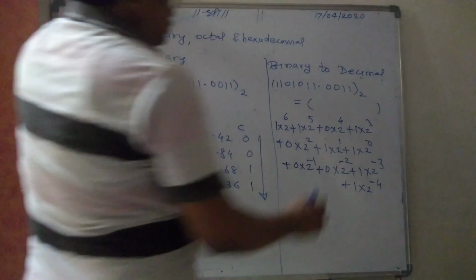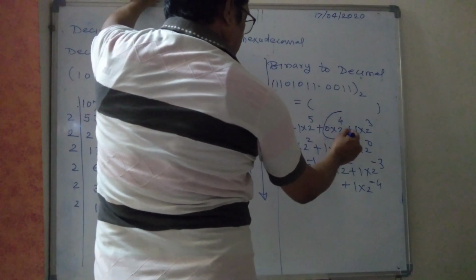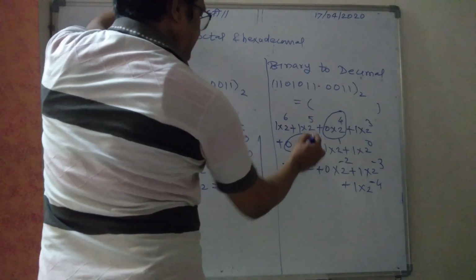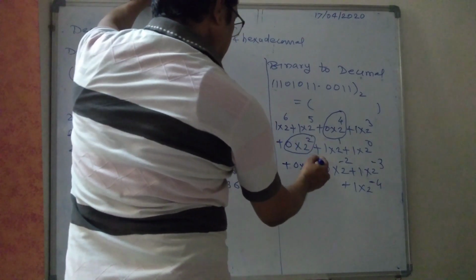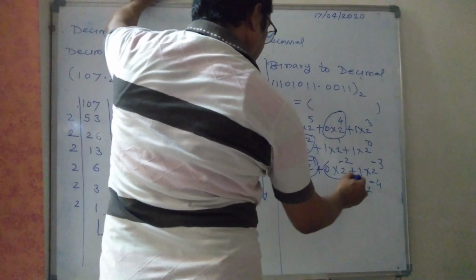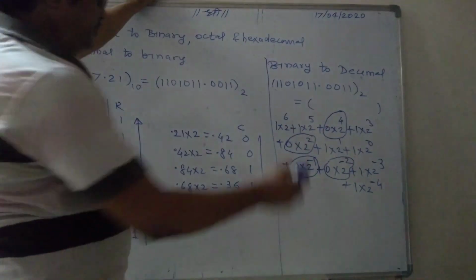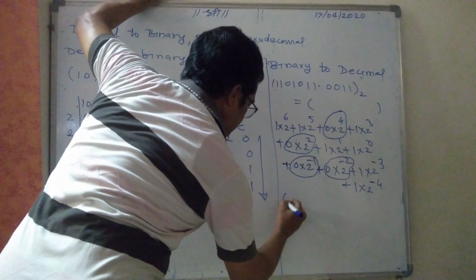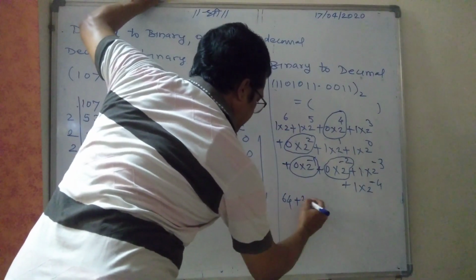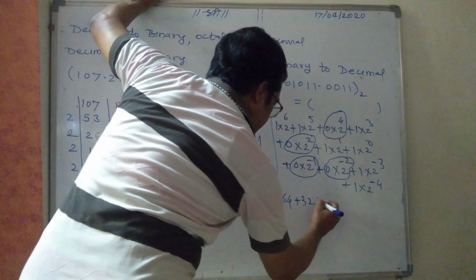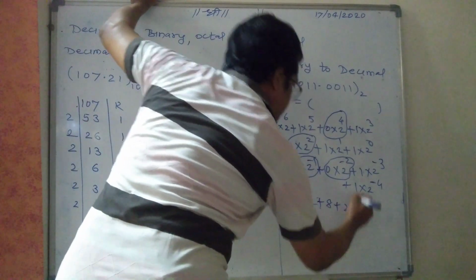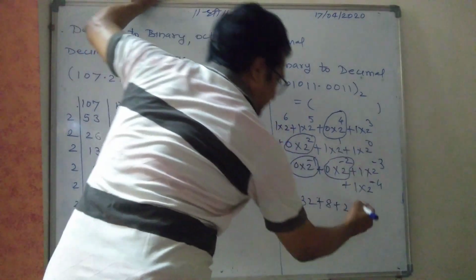So the zero terms can be neglected. The remaining digits: 1 into 2 raised to 6 is 64, plus 32, plus 8, plus 2, plus 1 into 2 raised to 0, which is 1.